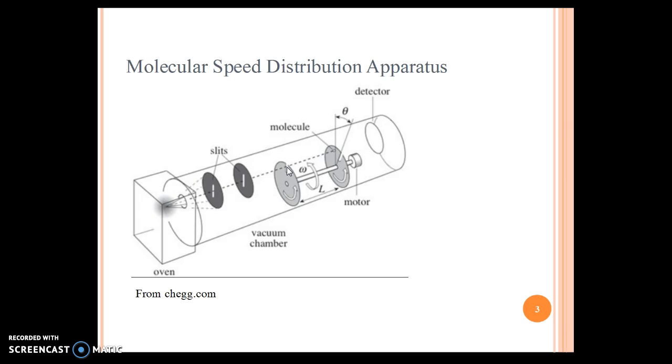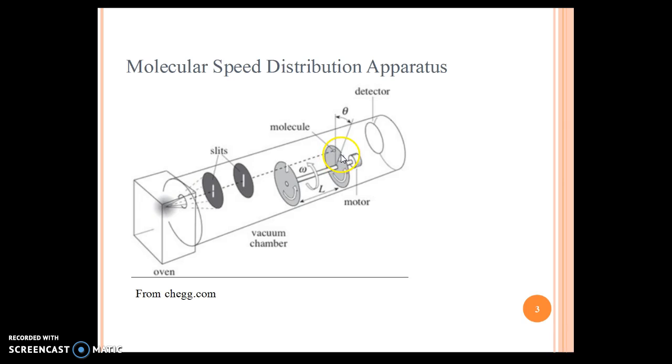Now, they're still moving at different speeds, so the fast ones will hit first, and the slow ones will hit last.